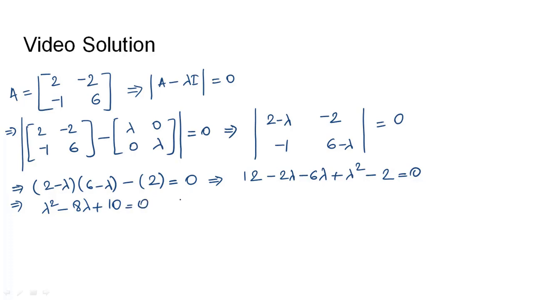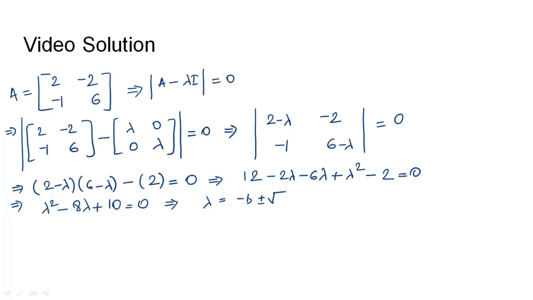I don't think we can factorize this using the simple rule, so we will directly use Sridharacharya's formula, that is minus b plus minus square root of discriminant by 2a.